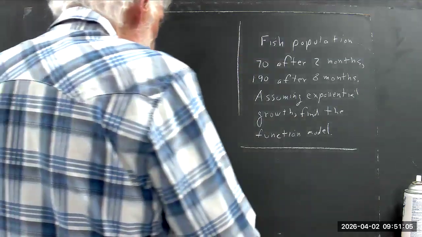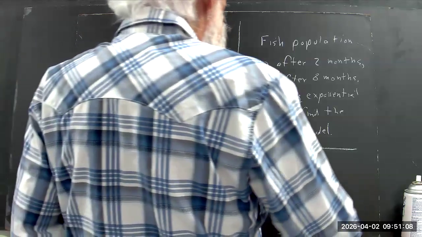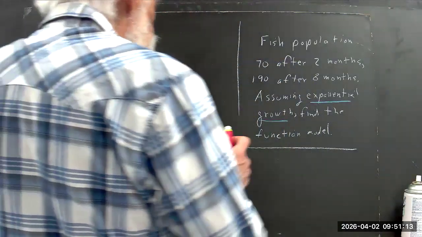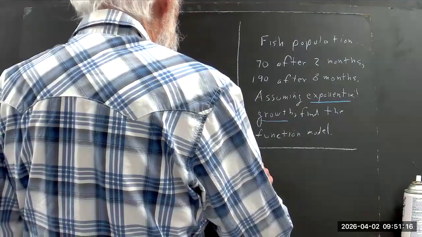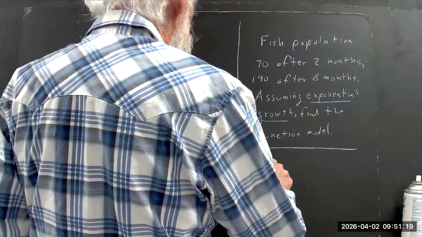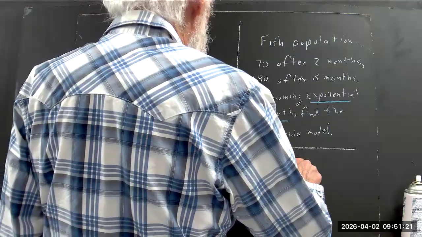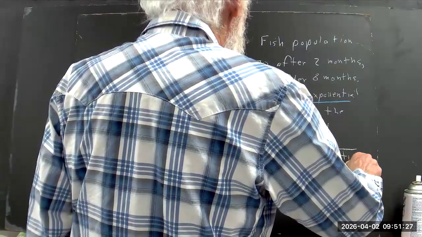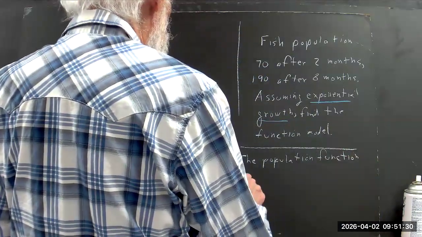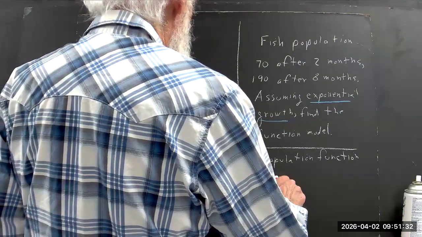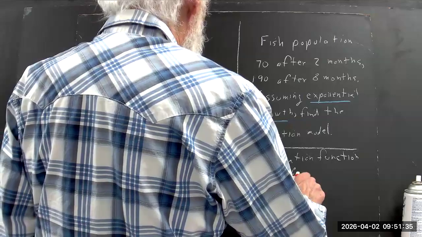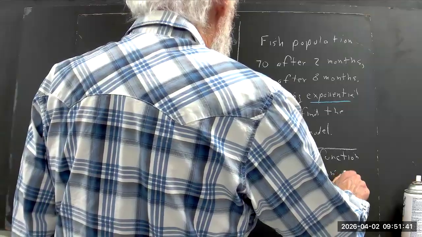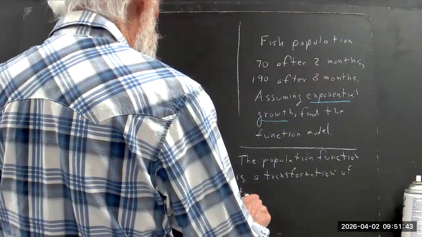First of all, we know that this is an exponential model because we assume exponential growth. So the population function is a transformation of the toolkit exponential function.